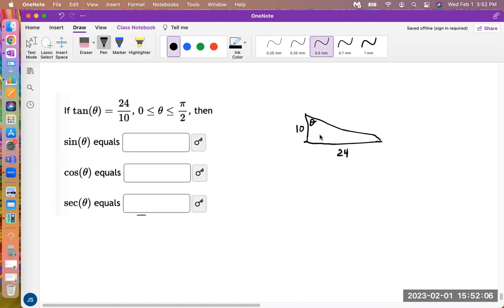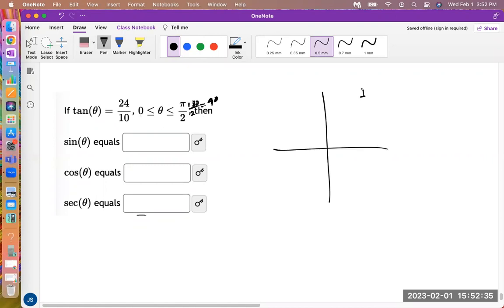Now, even better, try to draw the triangle on the unit circle. So let's even go one step harder than that. Because this angle is between 0 and pi over 2. Pi over 2 is 90 degrees, because if you plug in 180 for pi, then that is just 90 degrees. So it just means it's in the first quadrant.